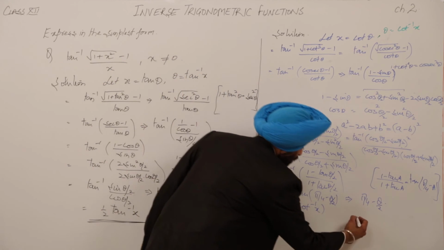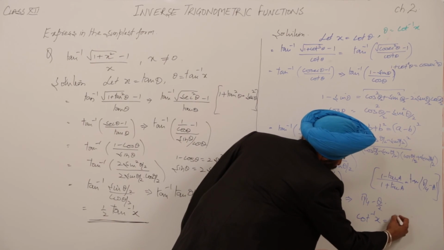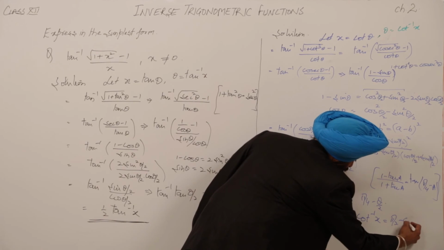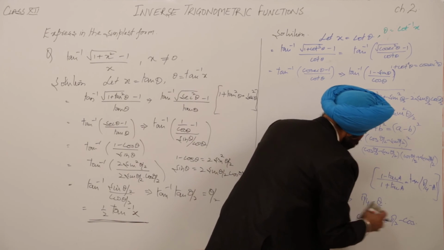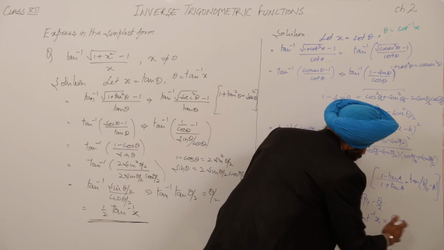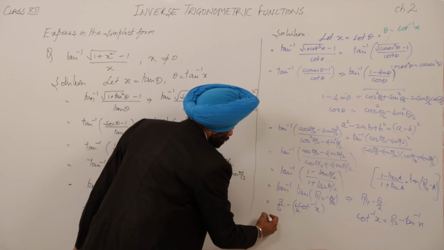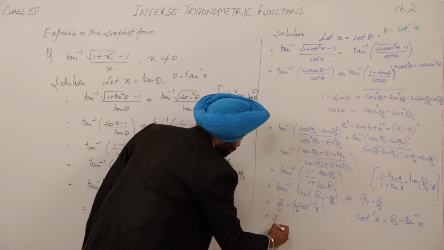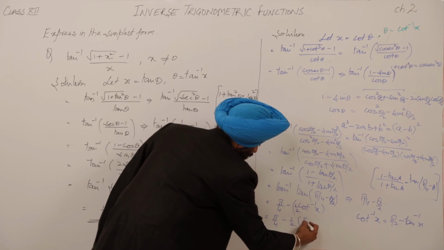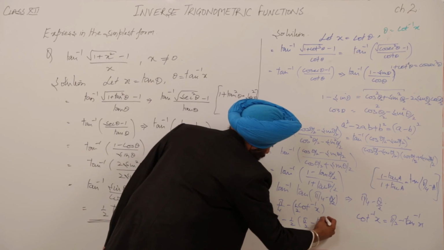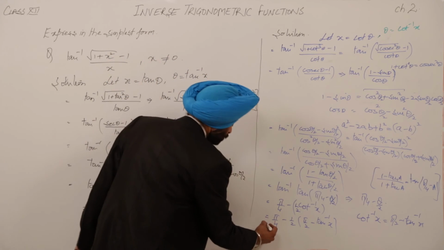Now what is cot inverse x? If you remember, cot inverse x is equal to pi by 2 minus tan inverse x. So I am putting this value here. We are getting pi by 4 minus 1 by 2 in the bracket pi by 2 minus tan inverse x. Now open the bracket and see what you are getting.